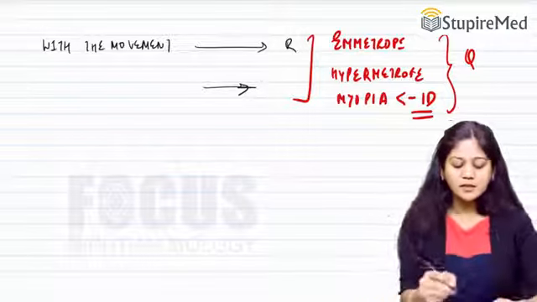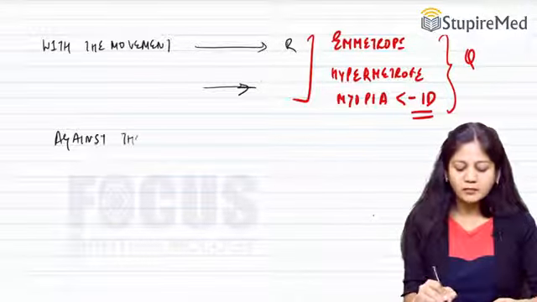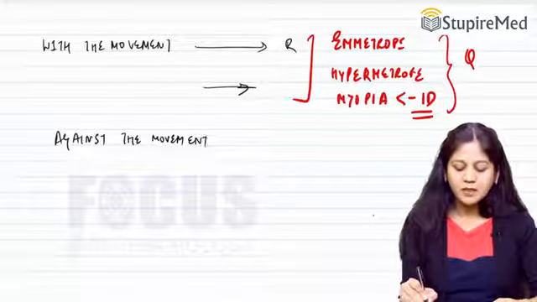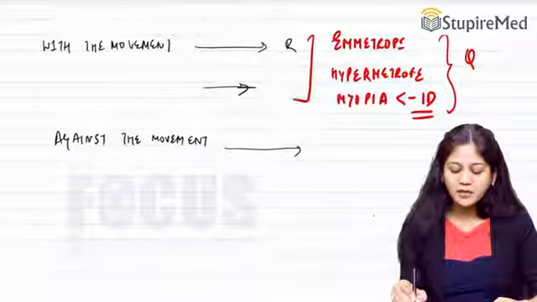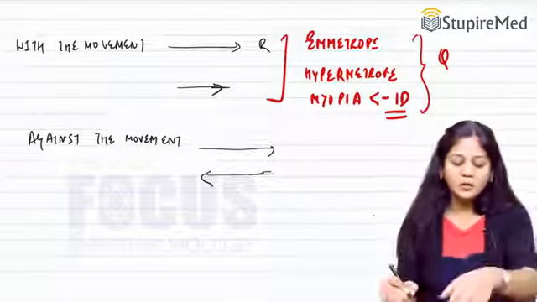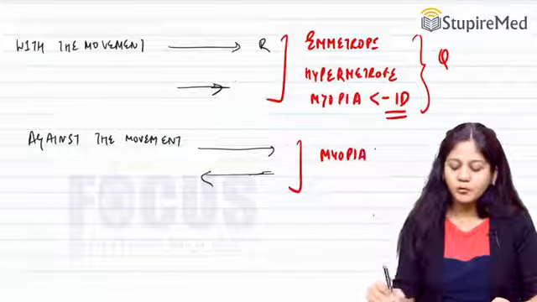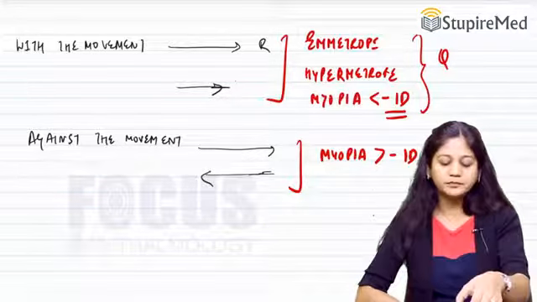Now, the second possibility, as we discussed, was against the movement. This means that when I am moving my retinoscope in one particular direction, the reflection in the patient's eye is moving in the opposite direction. Now, this only has one conclusion, that the patient has a myopia of more than -1 diopter, and this is again a very important question.